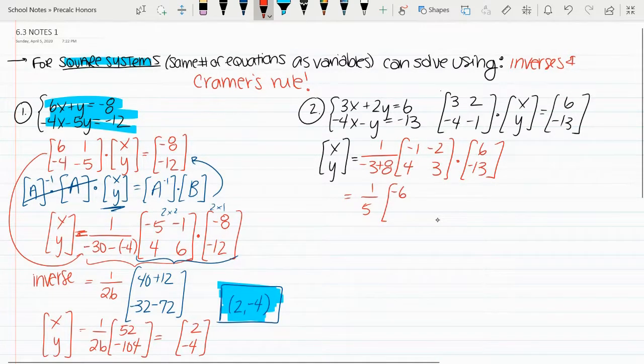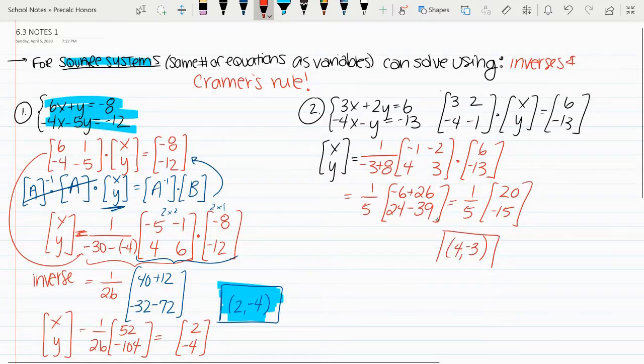We'll have -6 plus 26, 24 minus 39... 20, and down the bottom I'll get -15, I think. Hopefully it's looking pretty good. And if all is well, then my answer should be 4 and -3.